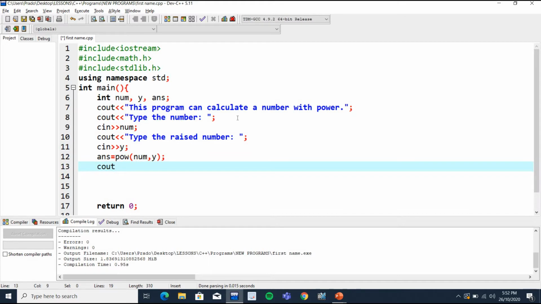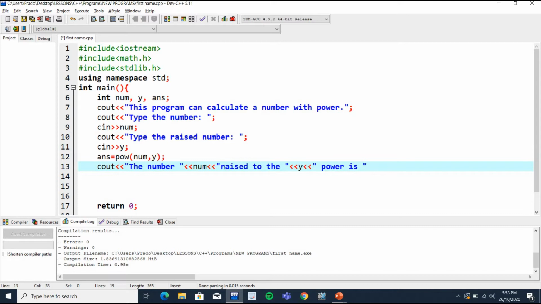And then, i-display na po natin yung sagot. The number, and then the number x, the number, quotation mark, the number raised to the y power is, ayan.